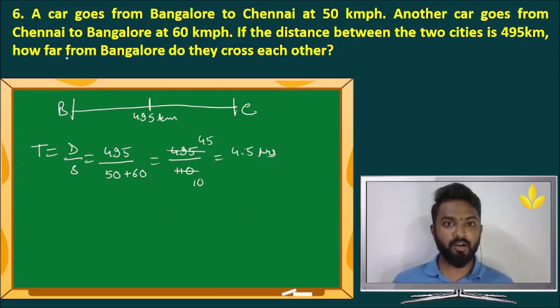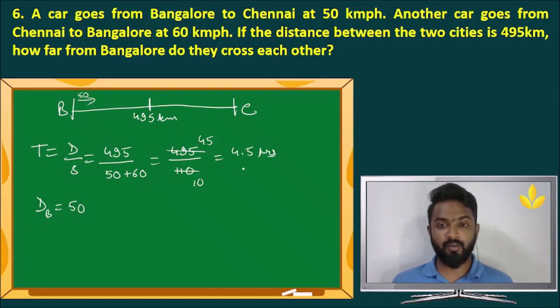But the question is how far from Bangalore do they cross each other? So it's the first train who is going from Bangalore to Chennai. So the distance from Bangalore is nothing but 50, that is the speed of this train, in how many hours? 4.5 hours. So 50 into 4.5.